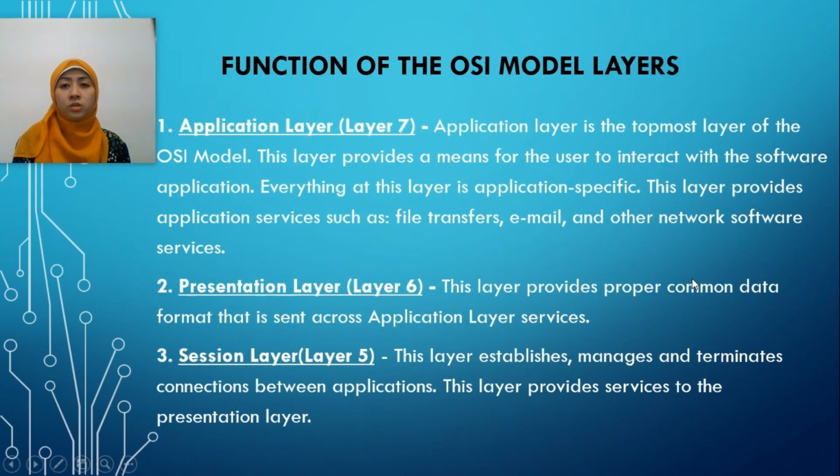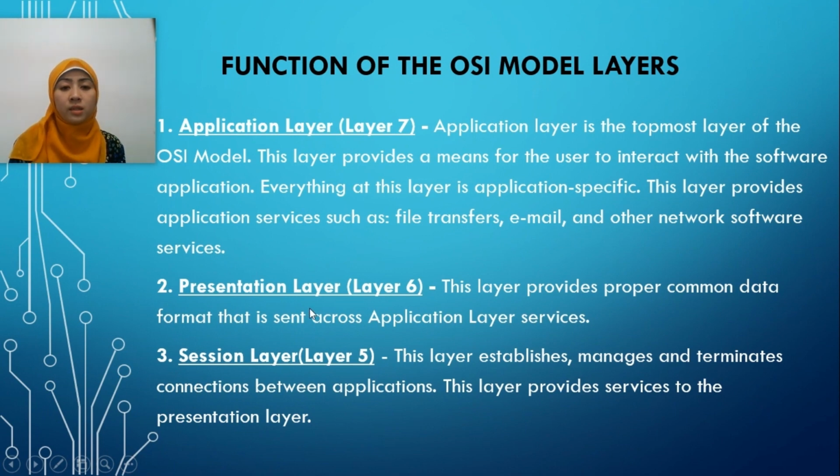So, what is the function of the OSI model layers? So, application layer, which is layer 7. The application layer is the topmost layer of the OSI model. This layer provides a means for the user to interact with the software application. Everything at this layer is application specific. This layer provides application services such as file transfers, email, and other network software services.